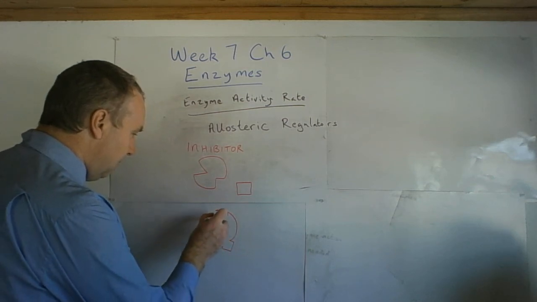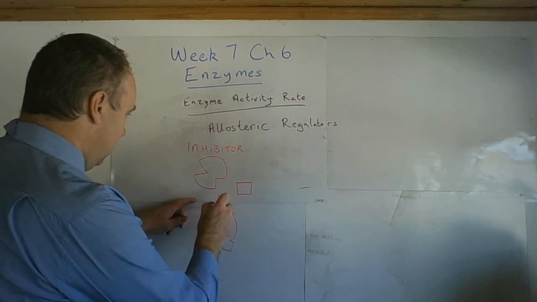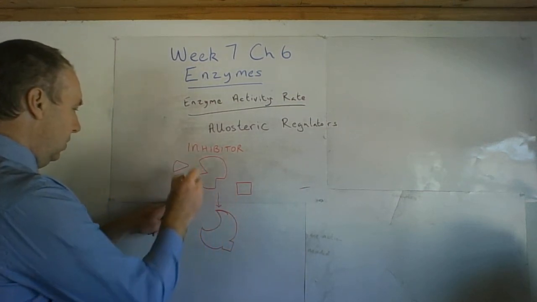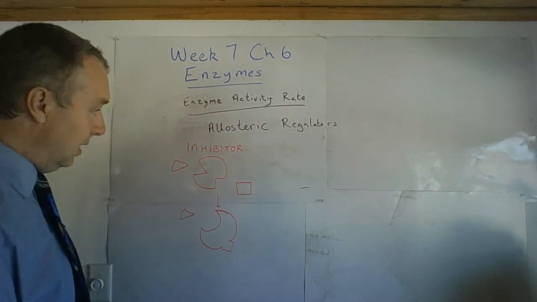It changes the shape of the enzyme when it binds to it, and so the substrate can no longer bind. So it's stuck out here. That's an inhibitor.